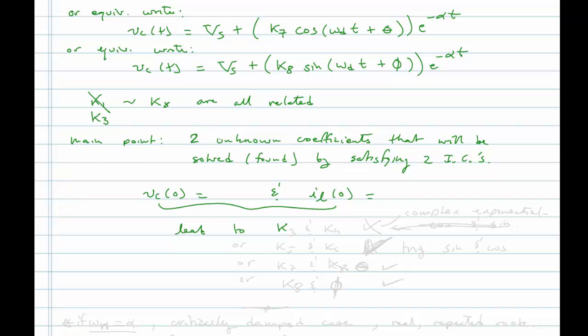Those are all related. So satisfying initial capacitor voltage and initial inductor current will lead to K3 and K4, or K5 and K6, or K7 and K8, depending on which form you're going to make use of.